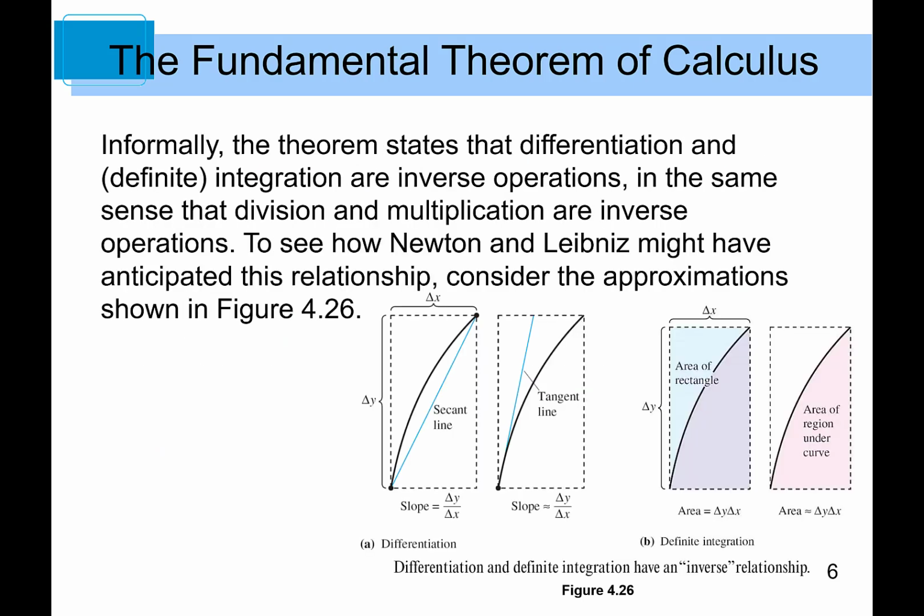Alright, so let's take a look at the comparison between differentiation and definite integration. For differentiation, we estimate the slope of the tangent line using delta y over delta x. And the slope of the tangent line was developed from the slope of the secant line.